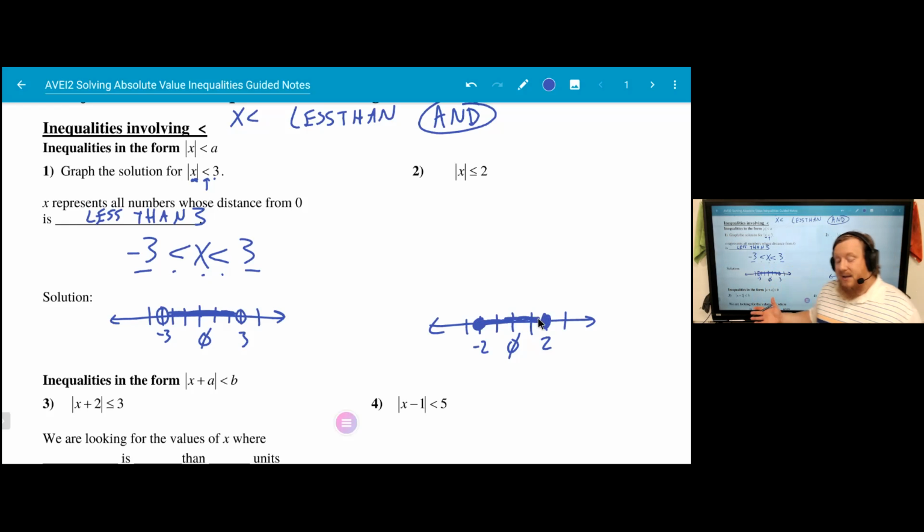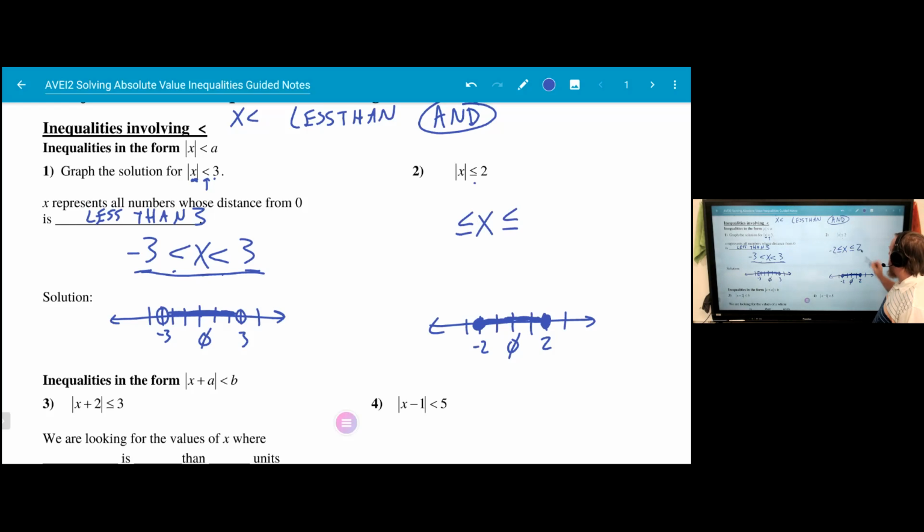If you remember back to Algebra 1, this looks a lot like an and statement in a compound inequality. This is my compound inequality and statement. An and goes between two values. We're going to use the same thing we did over here: take the stuff in the absolute value, put it in the middle, X, draw the same inequality symbol on the left and the right of the X, put the negative of that number and the positive of that number on the correct sides.